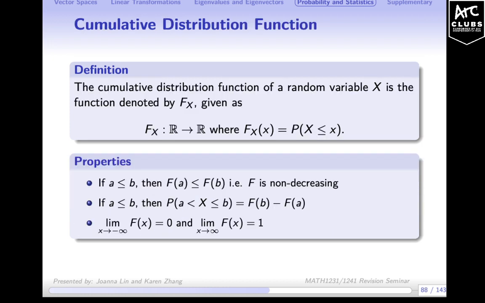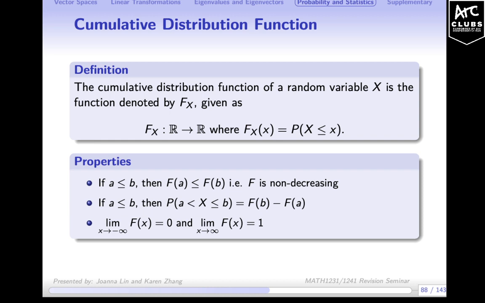Okay, next thing we have is a cumulative distribution function. So the cumulative distribution function is this function f of x where it's equal to the probability of your variable being less than or equal to your assigned variable, small case x. So let me just explain that a little bit clearer.